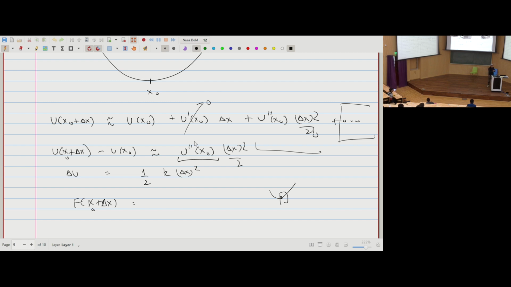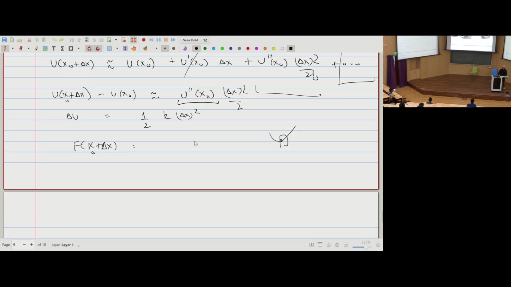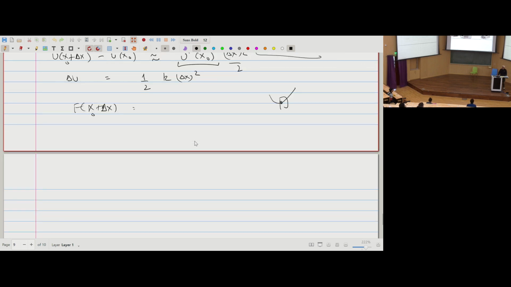If I give it some sort of a stretch and leave it, it will start to oscillate. So the next thing to figure out is what will be that frequency of oscillation for small amplitudes around the equilibrium position. That is very important in different parts of engineering, depending on the application, to know what the frequencies are.